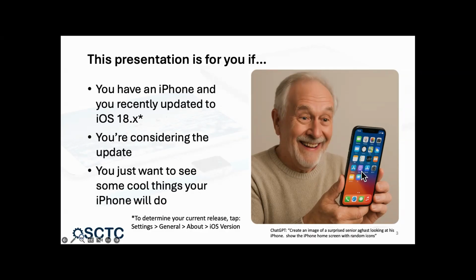But what's interesting is since I ask it to show the icons on the home screen, he's looking at the back of his phone. I thought that was kind of cool. It did what I asked, even though it ended up looking kind of wonky. So the wonders of AI, and if you haven't heard our AI presentations, be sure to look for those in coming months here. AI is just crazy.